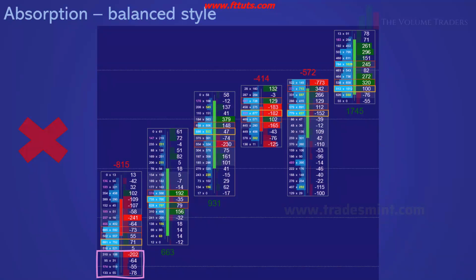So, back again to this scenario. We see nice stacked negative delta on the wick. But for a buy setup, there needs to be positive imbalance. And here we have negative imbalance. So, in easy words, what I'm thinking about right now is that nothing should make any difficulties for buyers.